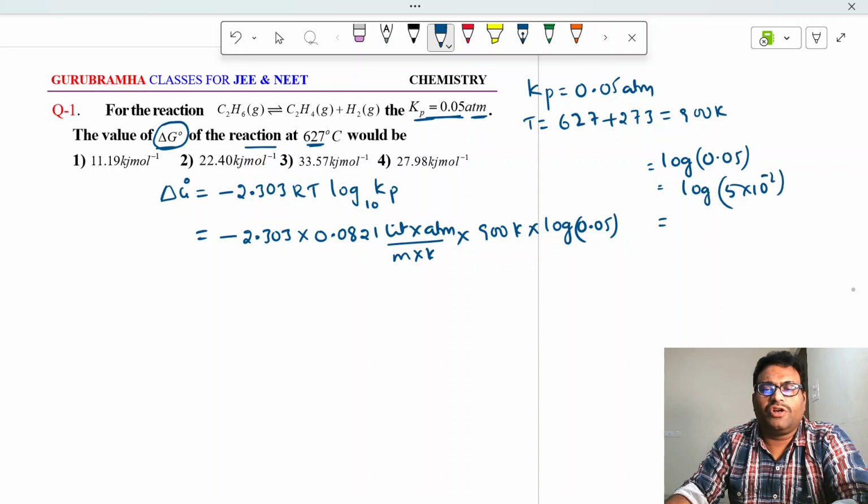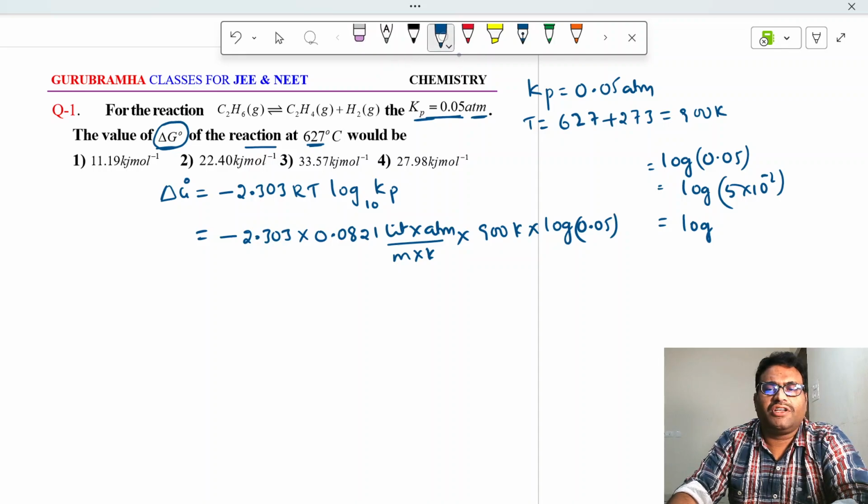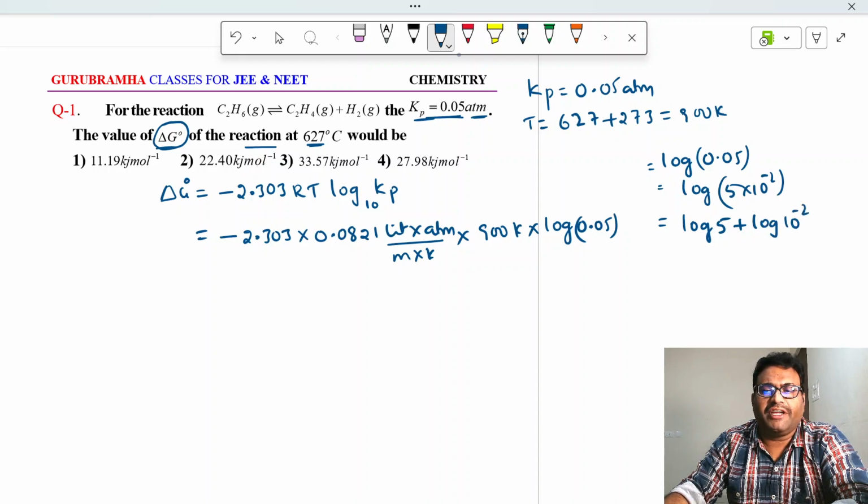Log A into B is equal to log A plus log B. So log 5 plus log 10 power minus 2, and log 10 power x is equal to x log 10, where log 10 base 10 is equal to 1.